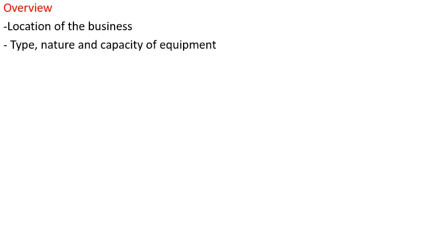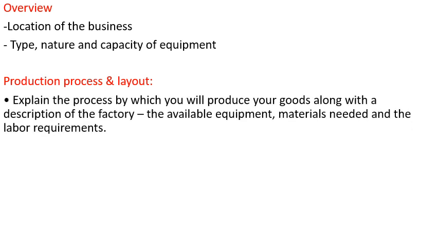So after knowing that, I've already summarized everything that we should talk about. So in your overview, talk about your product, where you're going to be located, the type and nature and capacity of the equipment that you use, and then under the production process and layout, I already told you that.